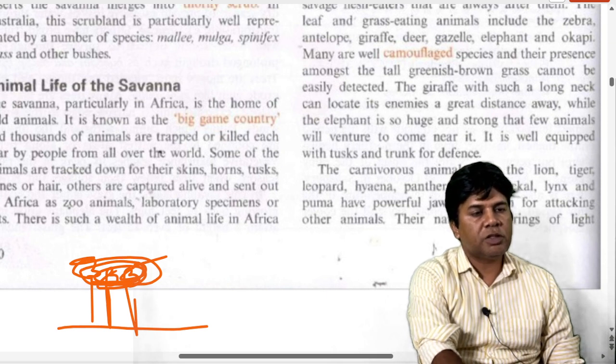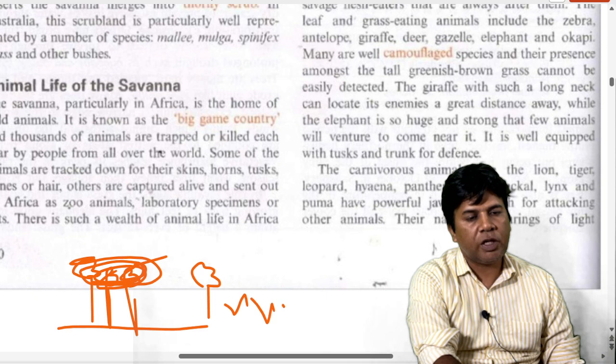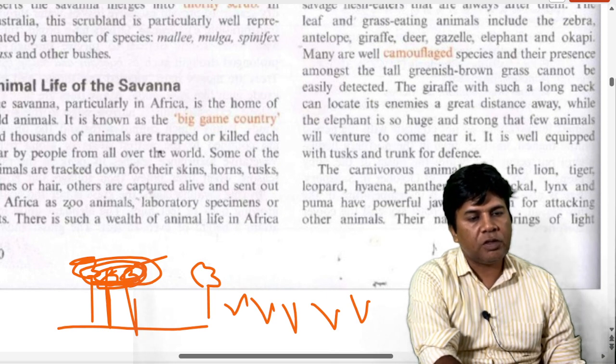But in the savanna, the density of the forest decreases, and that's why you have a lot of undergrowth like grasses, scrubs, and bushes. That's why in these places you will find herbivores which feed on these grasses.